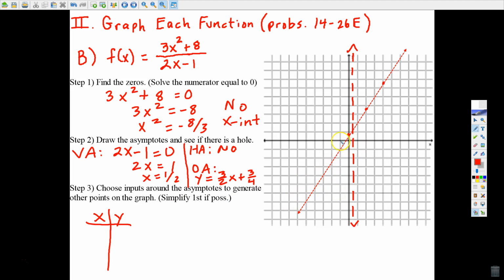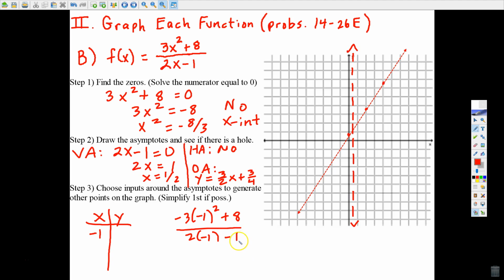So I'm going to start with an input of -1. What's the output? If you do input -1, 3 times -1 squared plus 8 over 2 times -1 minus 1, what do you get?